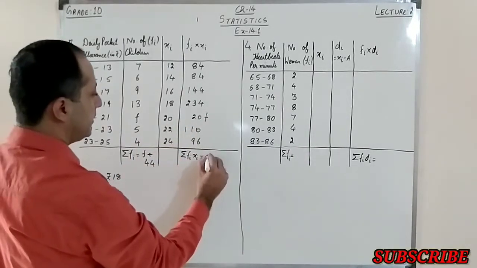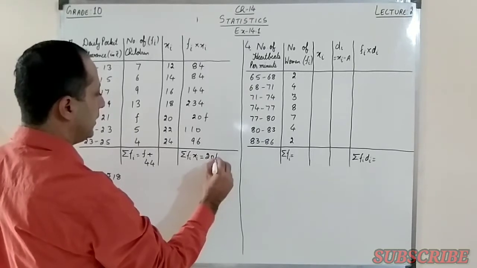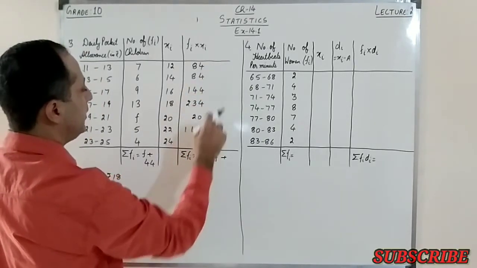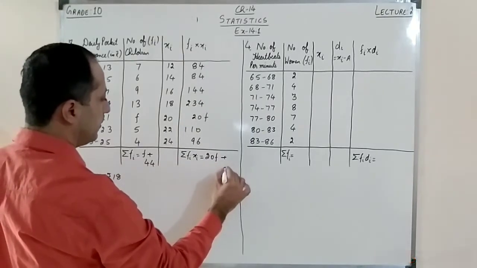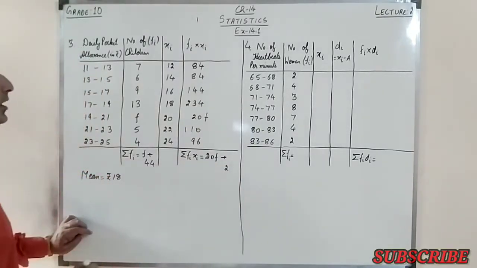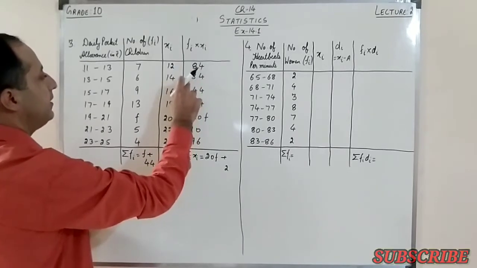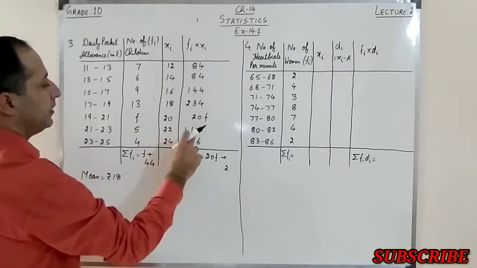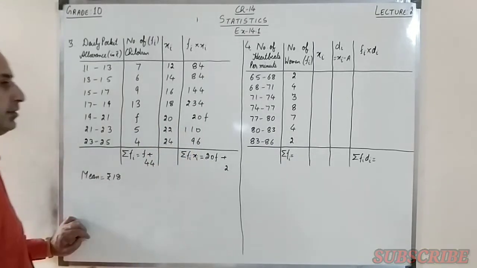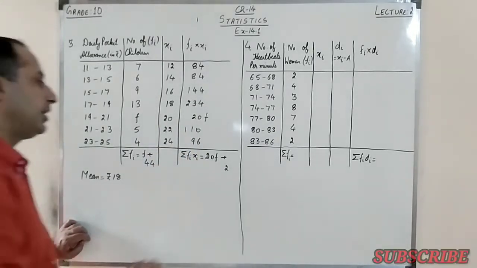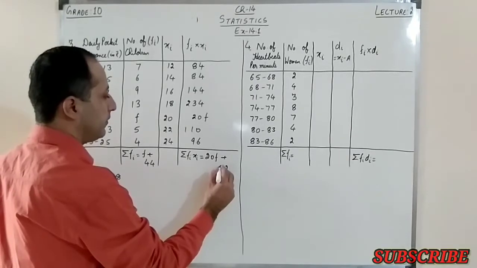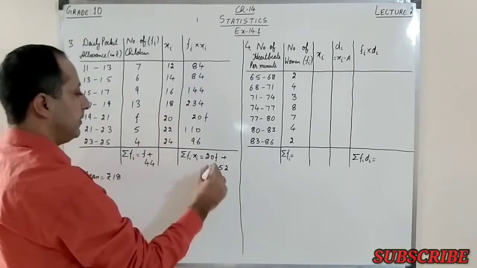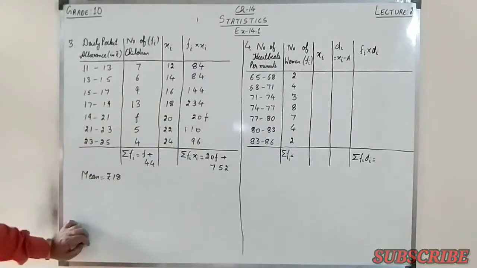This is 20F, we just write first, and now we add the remaining values. 4 plus 6, 10... 16 plus 6, 22, so we have 2 here and 2 we take carry, and so on, and we get 752 plus 20F.